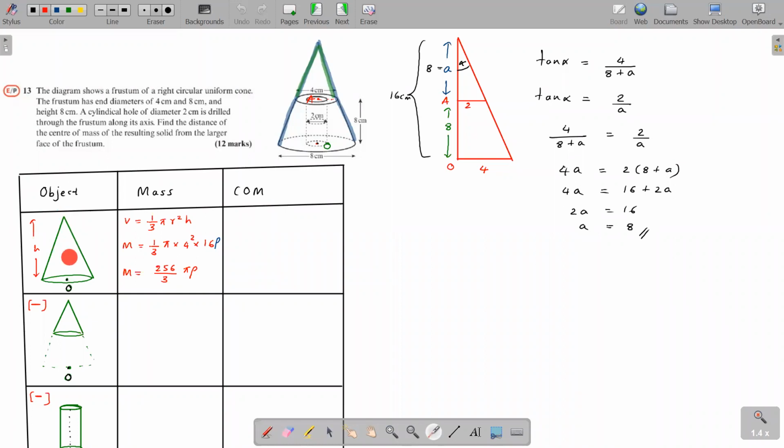If it is 3h over 4 from the vertex, the other distance should be h over 4, right, guys? Because the other side distance was 3h over 4, this distance should be h over 4. Great. H is 16 divided by 4, which is 4 centimeters. Right, guys? Do you agree?